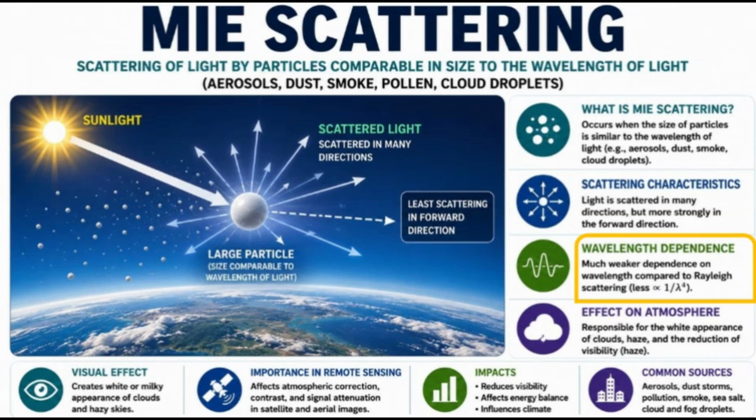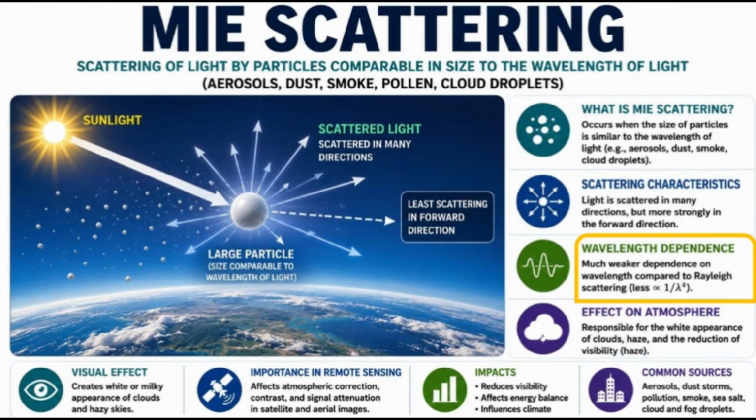Lastly, we shall look at the non-selective scattering. Non-selective scattering is the scattering of light by large particles. In this case, these particles are much larger than the wavelength of light, and it scatters all wavelengths of light nearly equally. So in this case, light is scattered in all directions with little dependence on the wavelength.